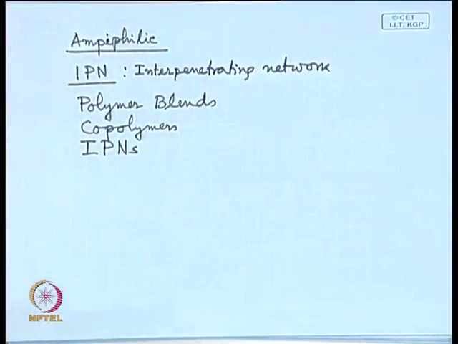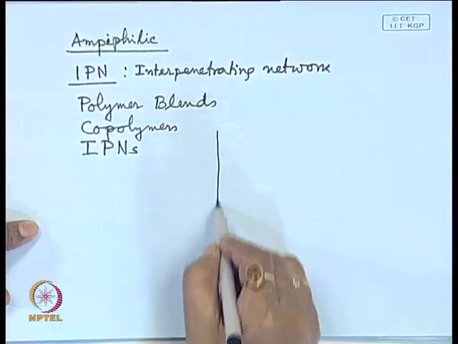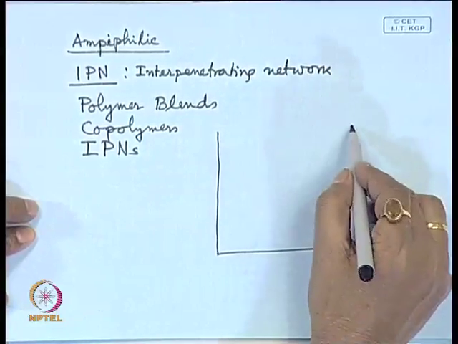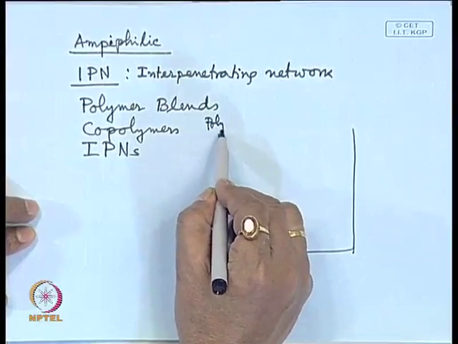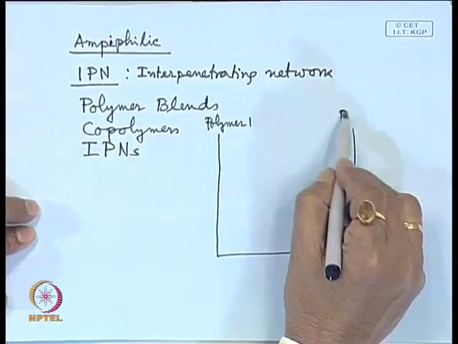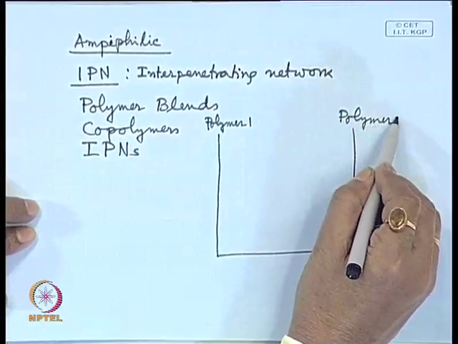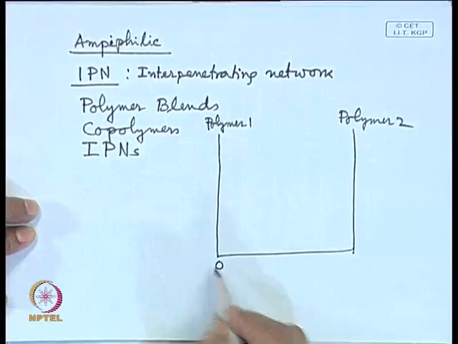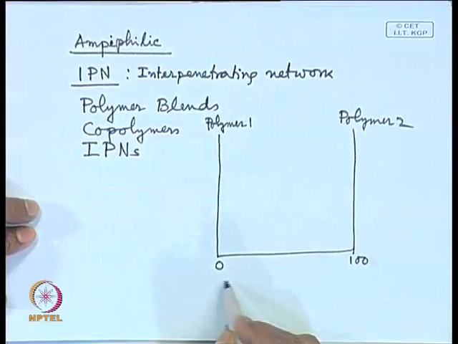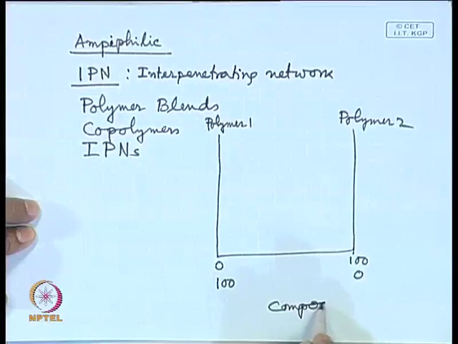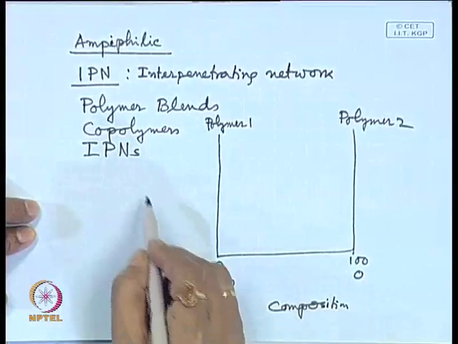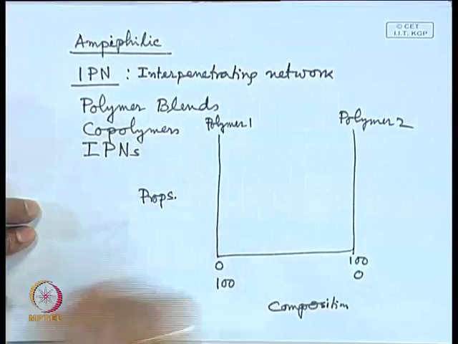Suppose this is the axis for polymer 1, this is the axis for polymer 2, here it is 0, here it is 100, here it is polymer 100, here it is 0. So, this is the composition axis and these are properties.